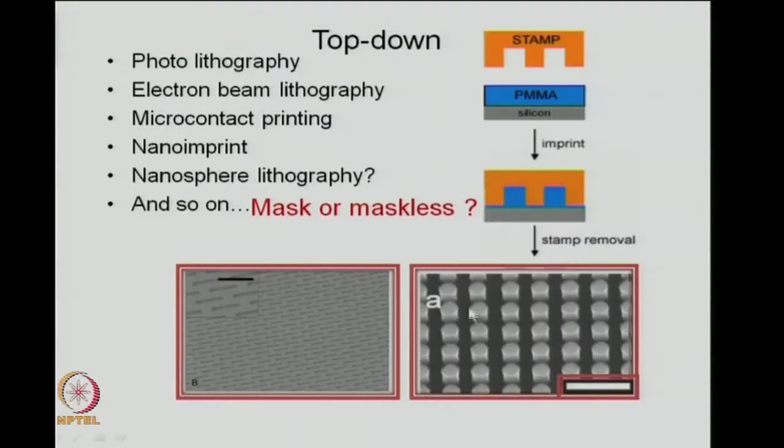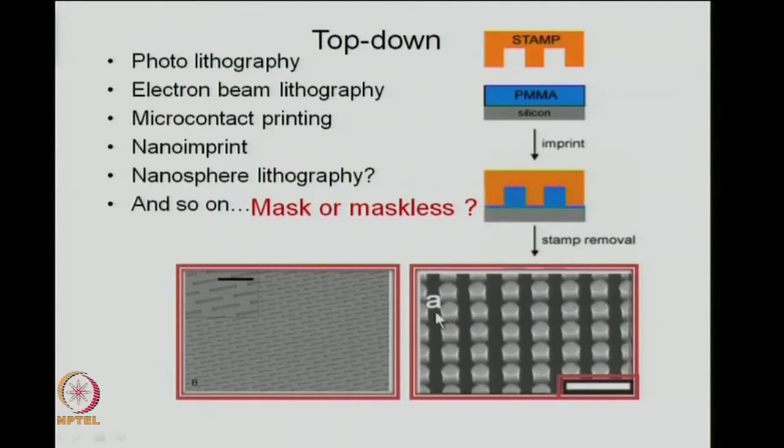So, you can see these are many structures which have been made by removing the parts around them, and the removal was done by what we call either photolithography or electron beam lithography. And you have used a mask.